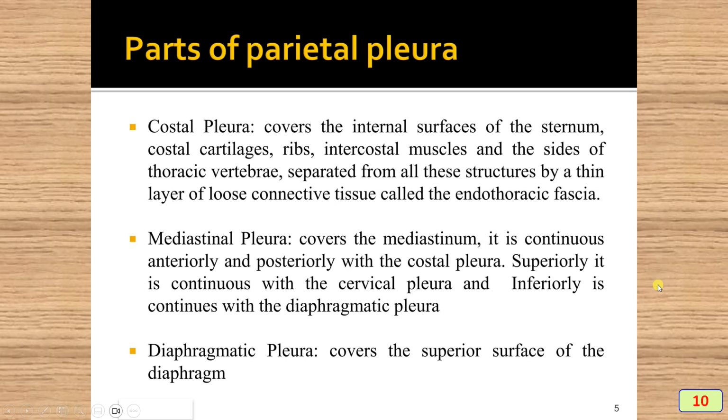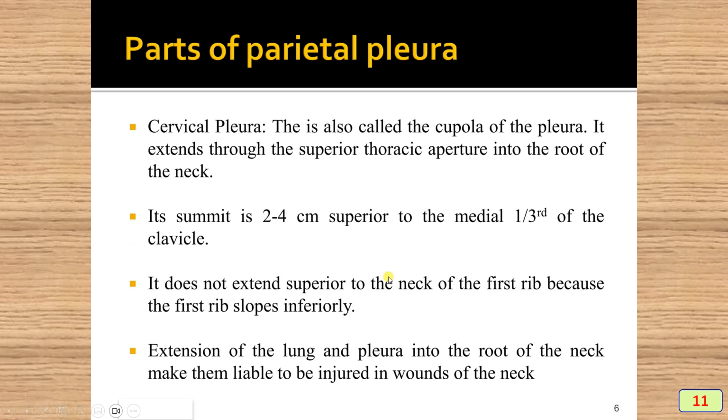The parts of the pleura are the costal pleura, mediastinal pleura, and diaphragmatic pleura. Apart from these, another part is the cervical pleura.